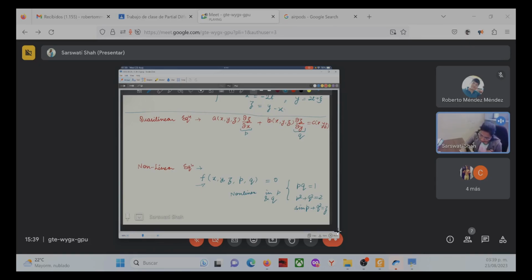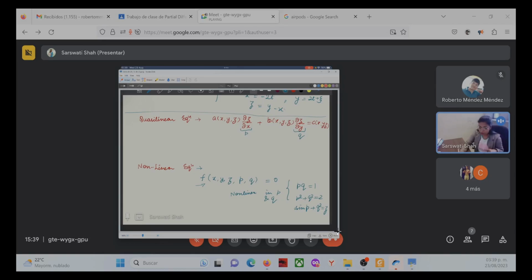So if we take this point as x of s and this point as x of s plus h, the derivative is obtained when this chord becomes the tangent to the curve, as h tends to 0. It means the derivative of the variable x with respect to the parameter is nothing but the tangent to the curve.